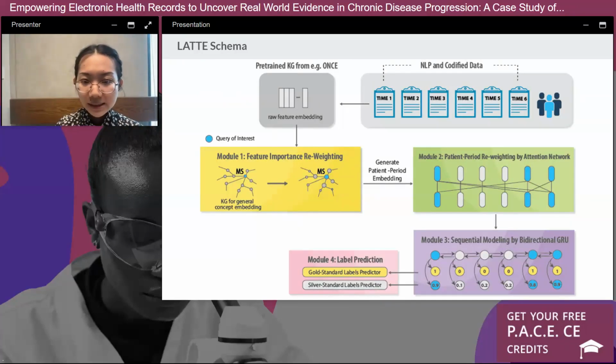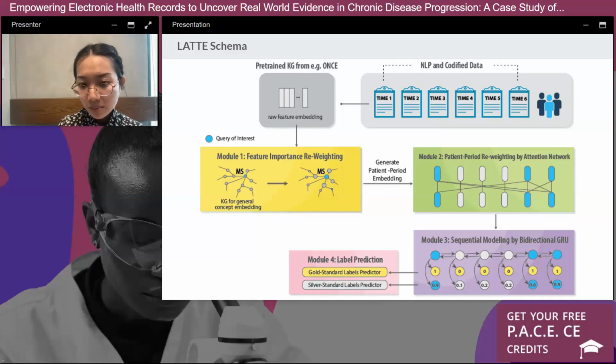So here is a schema of the LATTE algorithm. It requires a longitudinal input of the NLP as well as the codified features for all the patients. And what's really cool is that it could then leverage a knowledge graph to weight the importance of the outcome of interest.